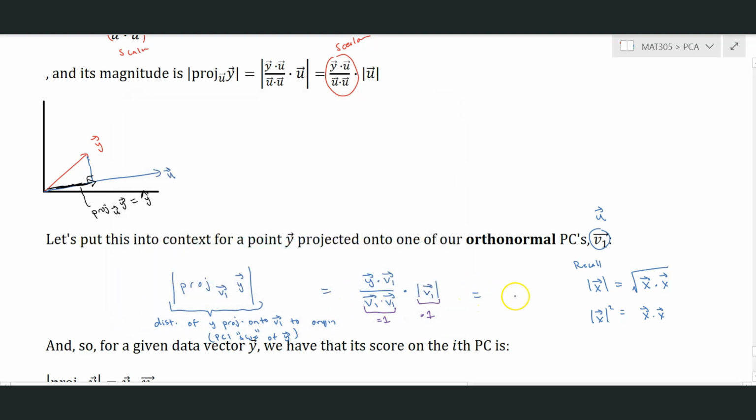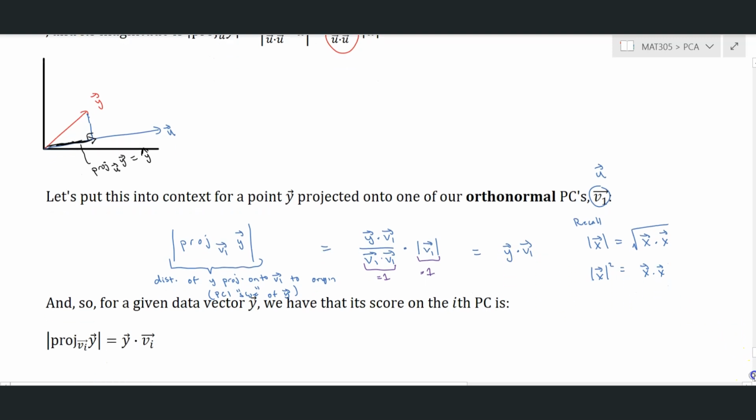Okay, and now that really comes down to just taking the dot product between the point and the vector. So the length of that projection, i.e. the PC1 score, would just be the dot product between the vector or the serial and the corresponding eigenvector.